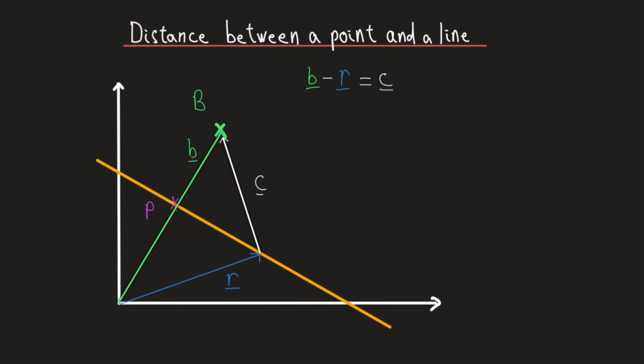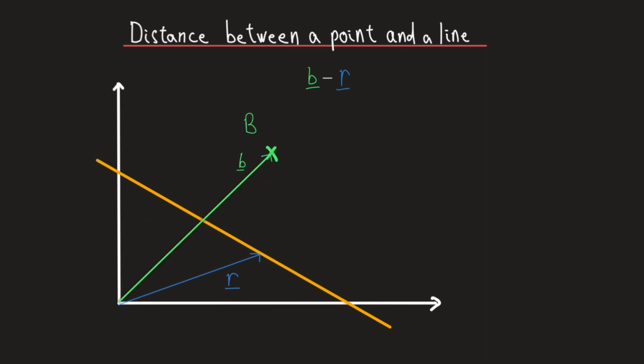But we want to consider the general case, so our vector associated with our point might not be perpendicular. Therefore, I will change the position of our point B. Now, clearly we can see that our vector B over here is not perpendicular to the line.